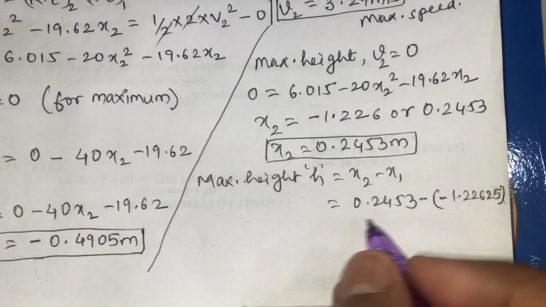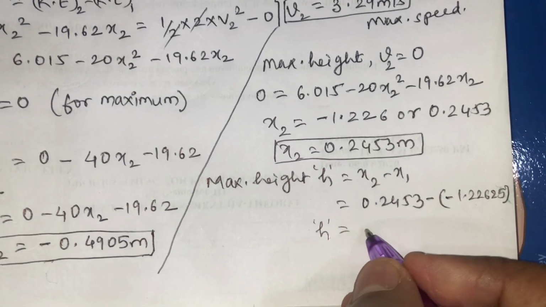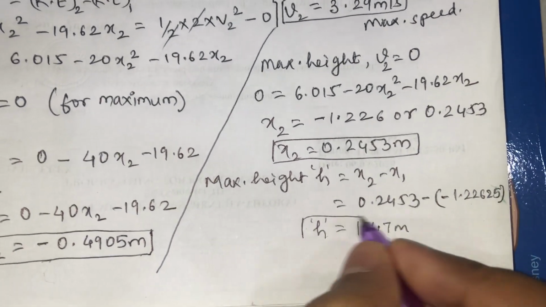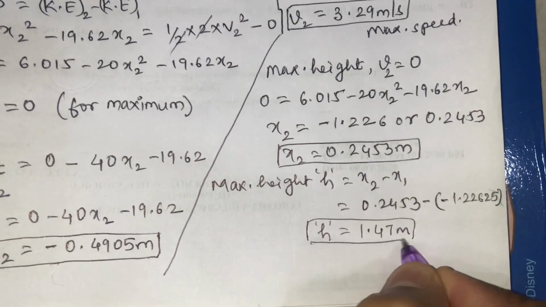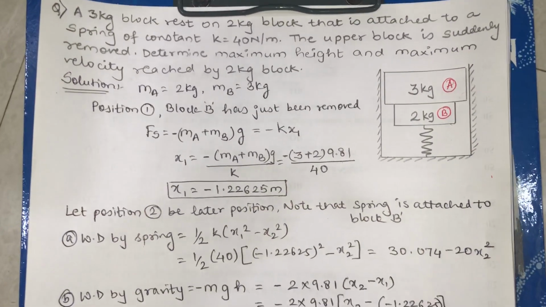If I equate these two, I'll be getting h equals 1.47 meter. With this, I hope you understood the whole solution of the problem. Thank you.